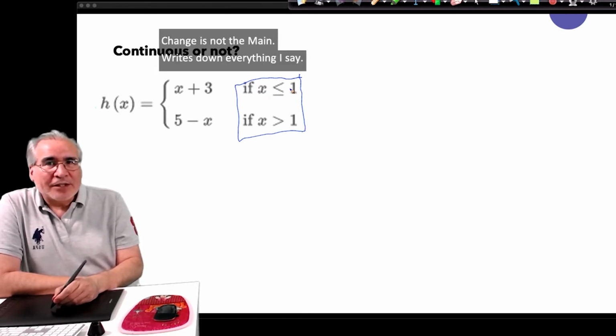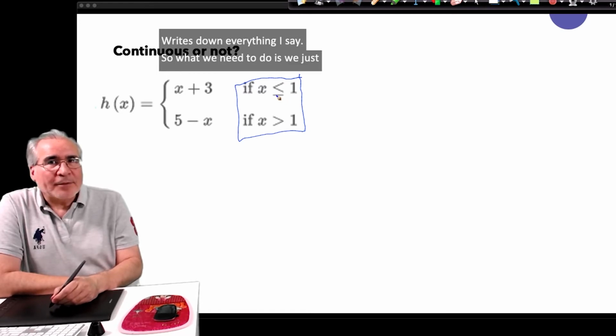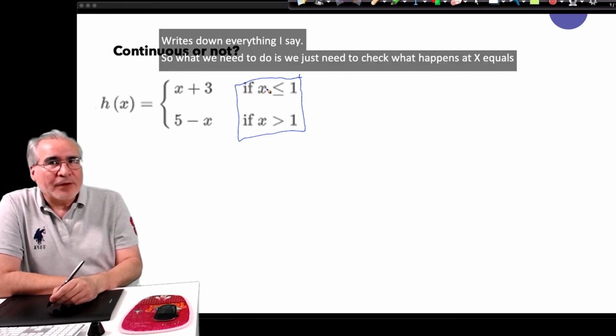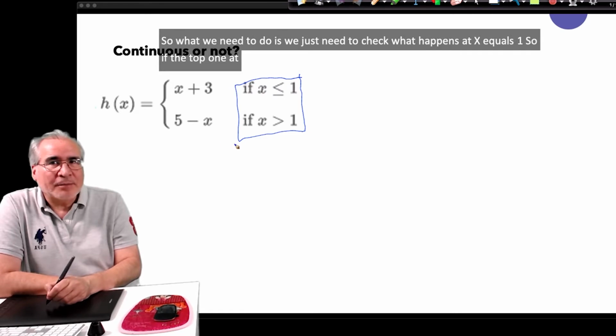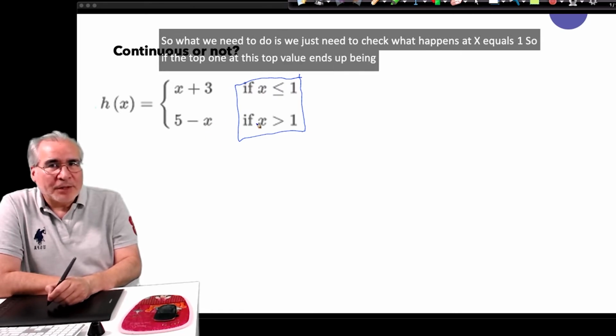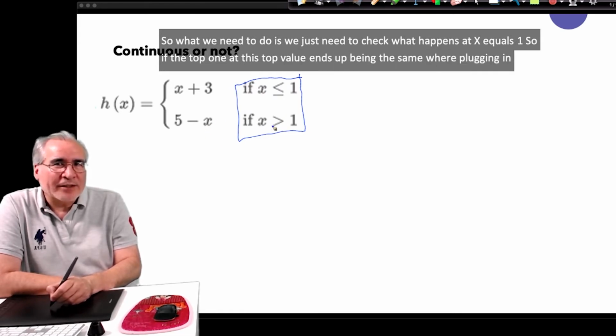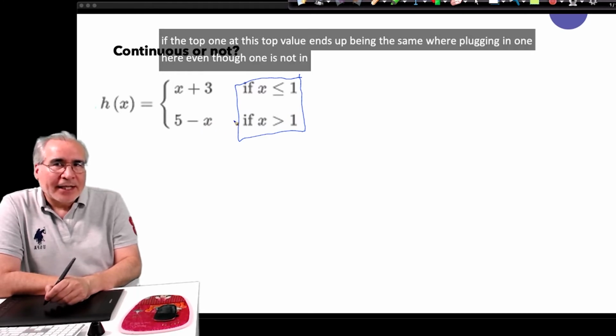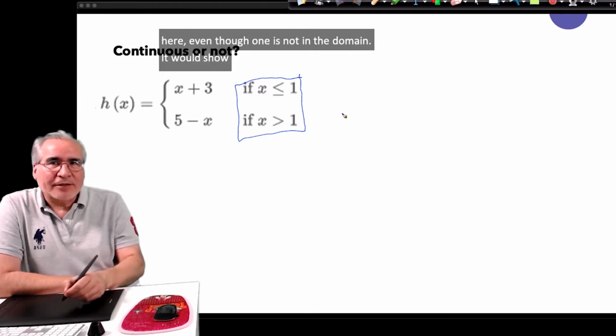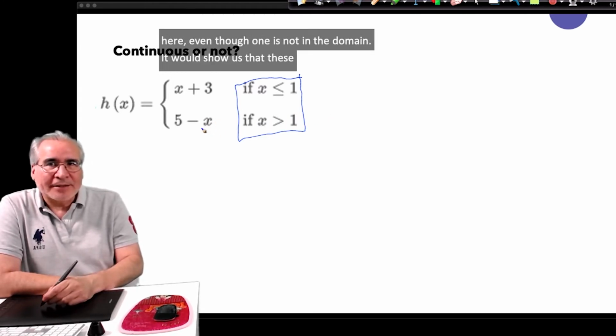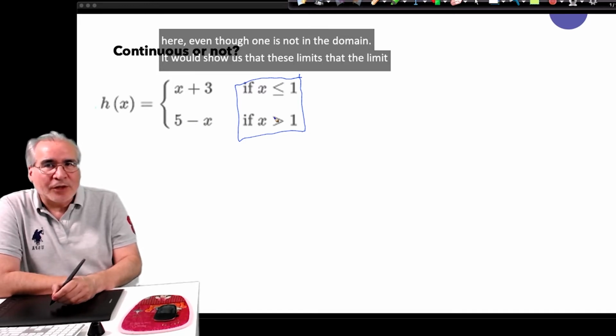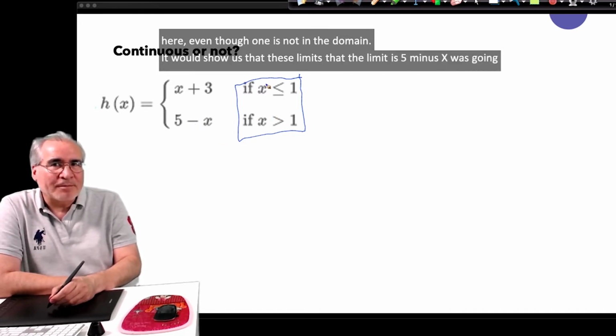So what we need to do is we just need to check what happens at x equals 1. So if this top value ends up being the same as plugging in 1 here, even though 1 is not in the domain, it would show us that the limit as 5 minus x was going to 1 from the left matched up here.